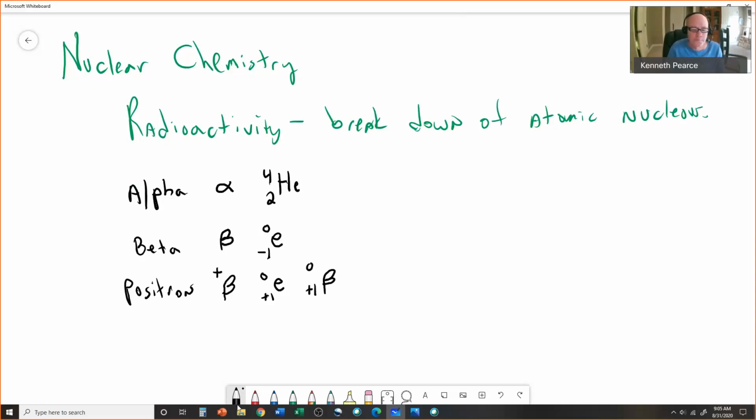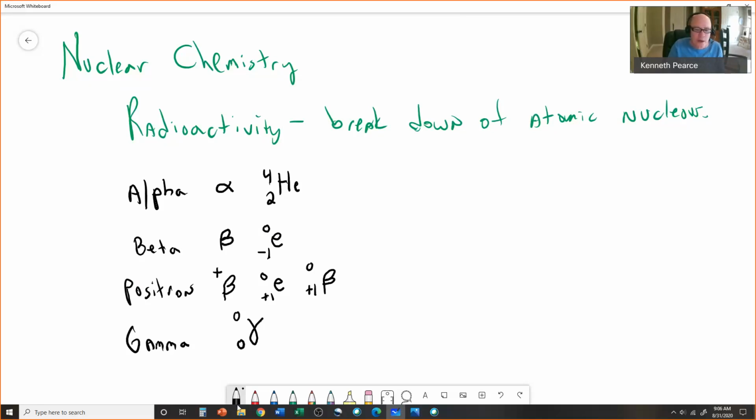And then we have gamma, which is not a particle at all. It's a kind of form of light that's more energetic than, say, X-rays. And we give it the symbol that looks like this. It's kind of like those ribbons that people wear. And since it's a particle of light, it has no charge and it has no mass.